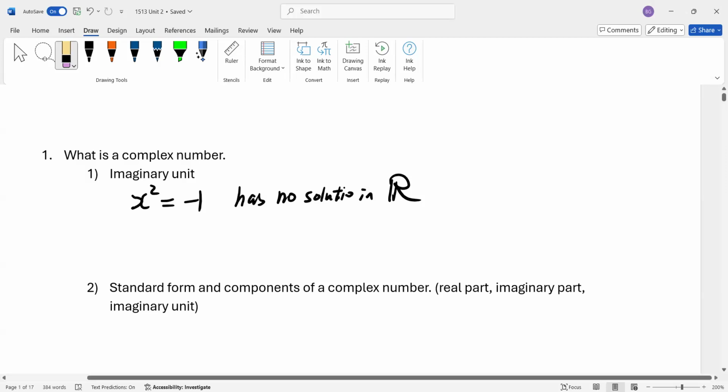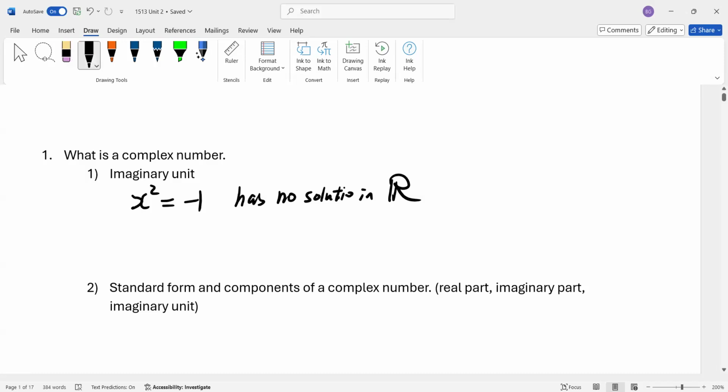We know any real number, whose square is going to be a non-negative number, right? So for that reason, mathematicians expand the real number set. They expand the number system. They really want to solve this equation, so they have to expand the number system.